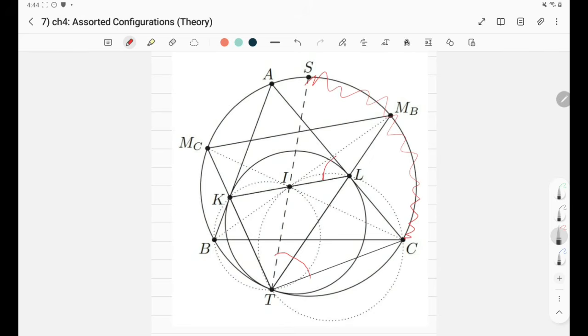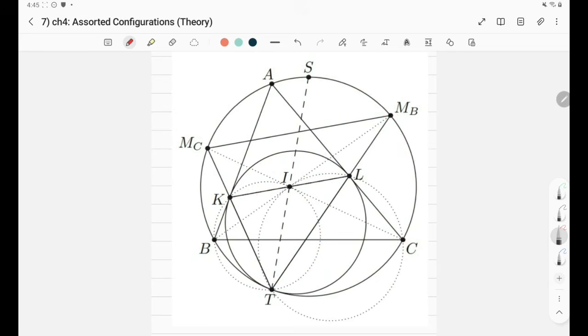And we already know what this angle is. It's just 90 minus A over 2, right? Because these two are equal, like 90 minus A over 2, and that's A here, isosceles triangle. So we got that this one is 90 minus A over 2. And hence, indeed, it is half of it, right? Because this is 90 minus A over 2, this is 90 minus A over 2. And of course, 90 minus A over 2 is just B plus C over 2. So very simple to show that.